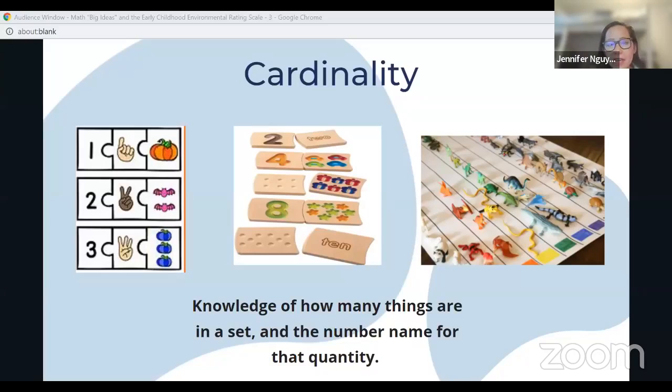And that child, if we're practicing cardinality and one-to-one correspondence, should be able to touch each one. And then the last one he or she touches is a number name. And they should have a deep understanding that that number name is the amount of dinosaurs on this graph or in our classroom. So that's cardinality.